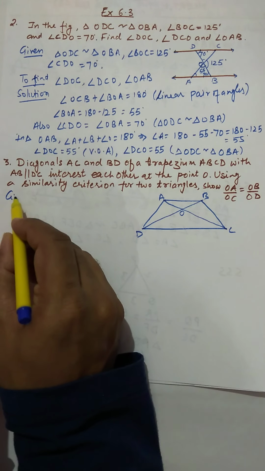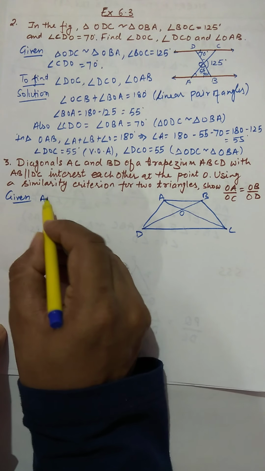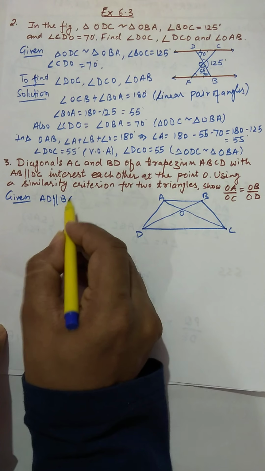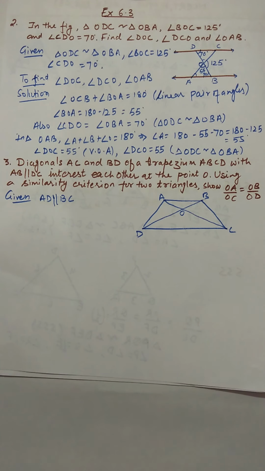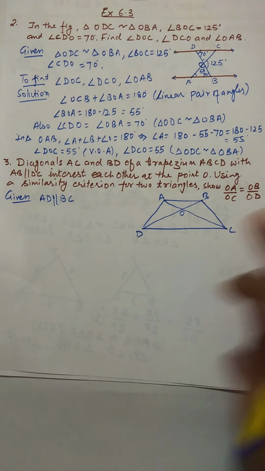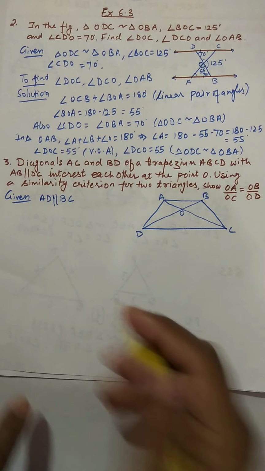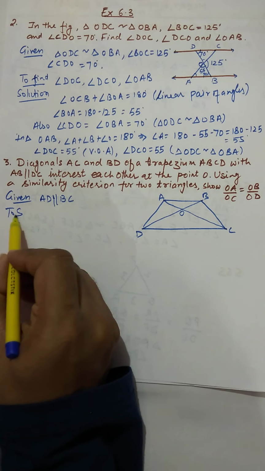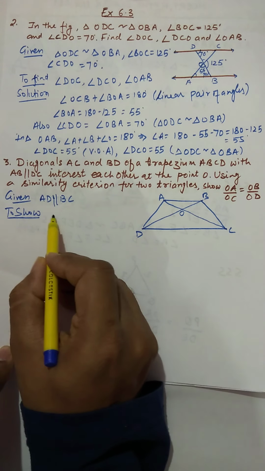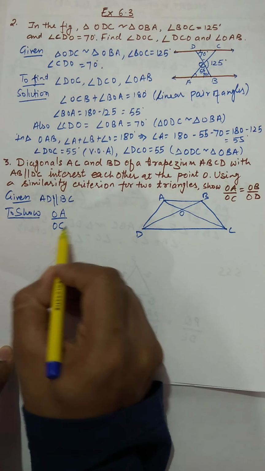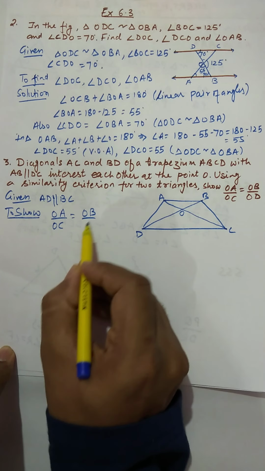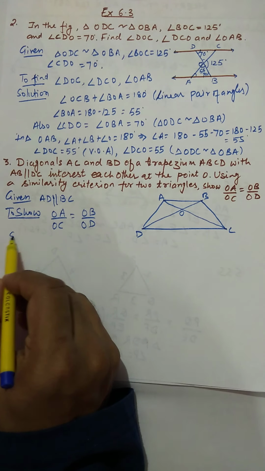So we'll write this given, AB parallel DC, and now you have to show OA upon OC equals OB upon OD. So we write the solution.